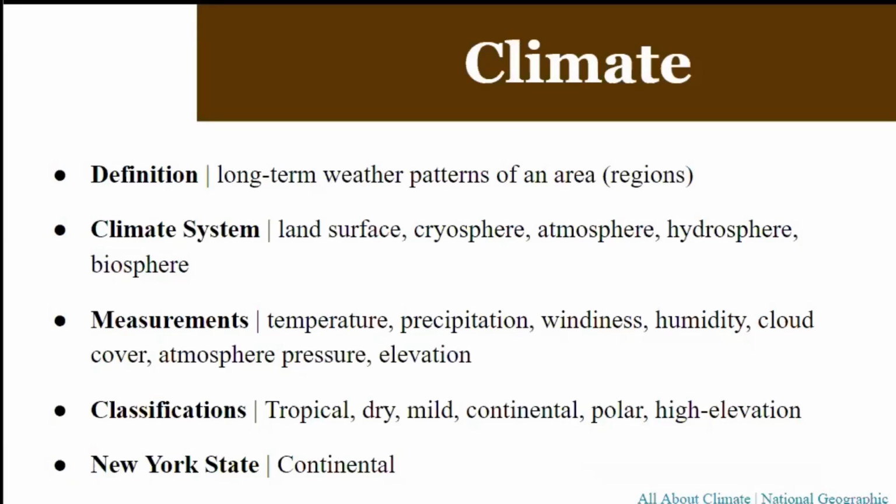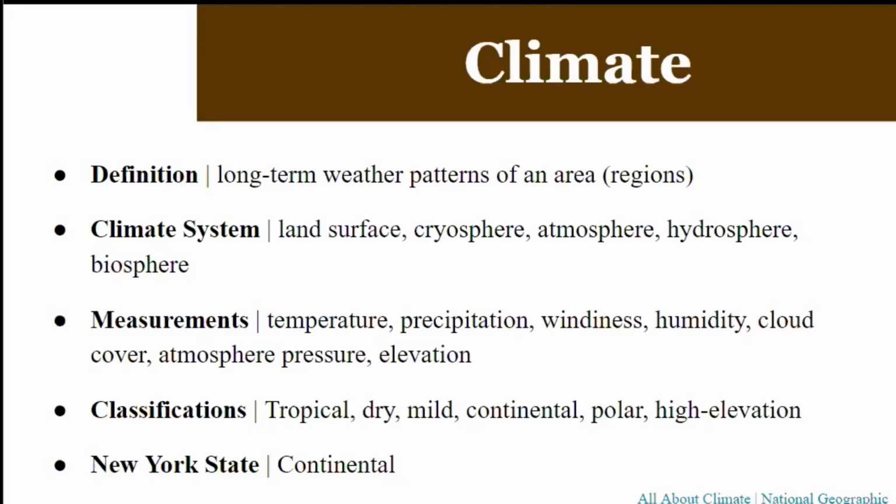Topography, again, being whether it has a slope or not and to what extent. The cryosphere, so thinking about ice and water, that's usually pretty deep down in the soil. The atmosphere, the gaseous layers, the hydrosphere, the liquid layers, and the biosphere, all the living things interacting in that space, in that climate system.